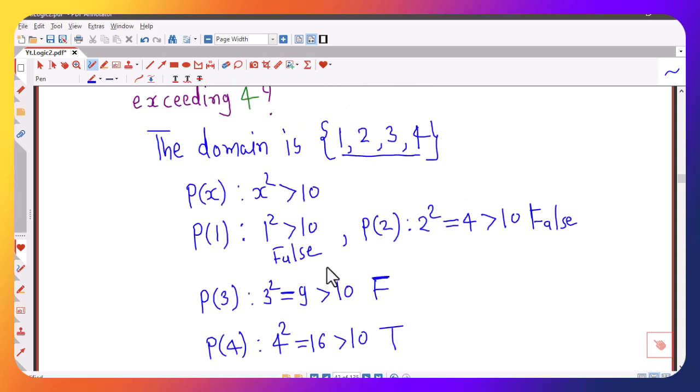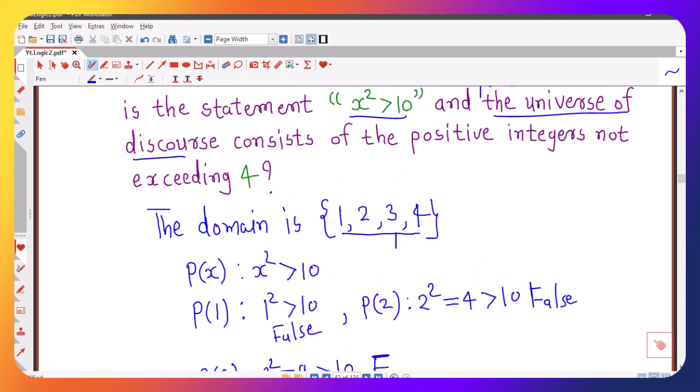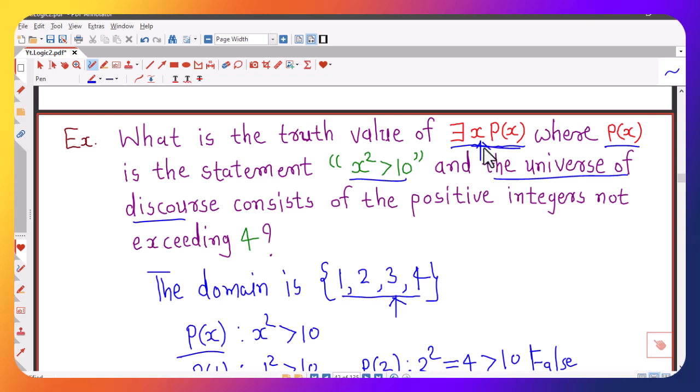So we can see that there is one x, which is x equal to 4, in this domain of the given concept, such that p(x) is true for that value of x. Therefore the truth value of this quantification is true.